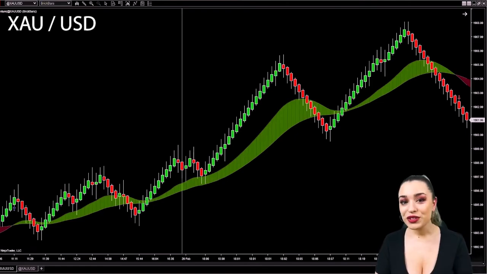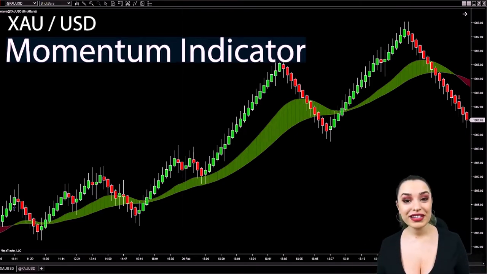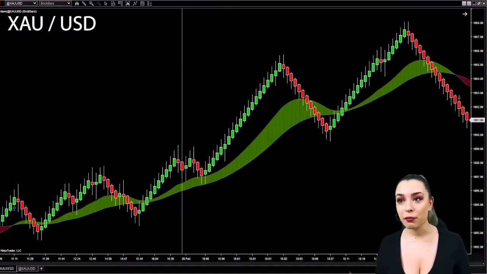What you see on the screen is a proprietary indicator called the momentum trading indicator. This is a very powerful indicator that you can use to better understand the market you are following. To explain what you see, you have this set of green bars and red bars.